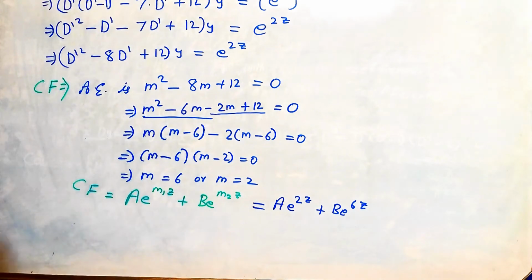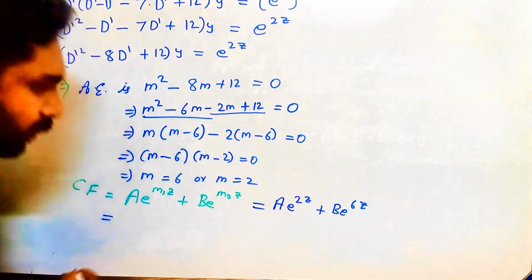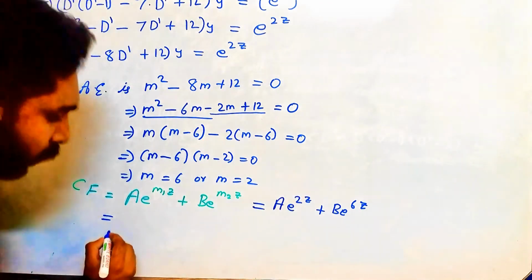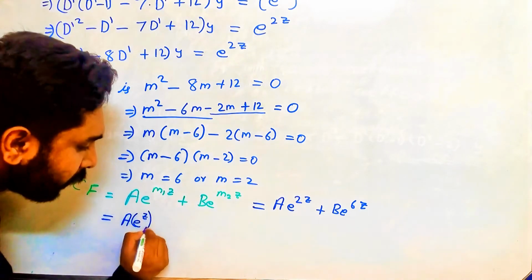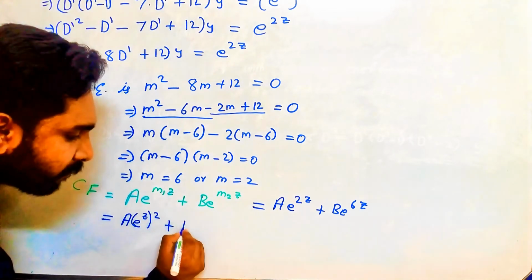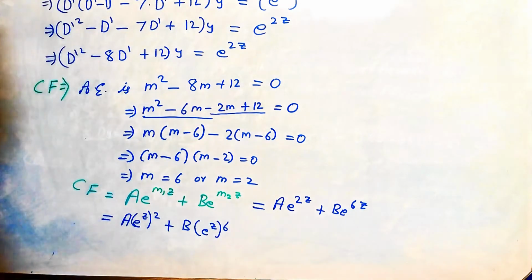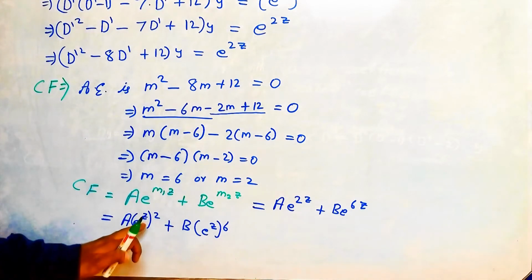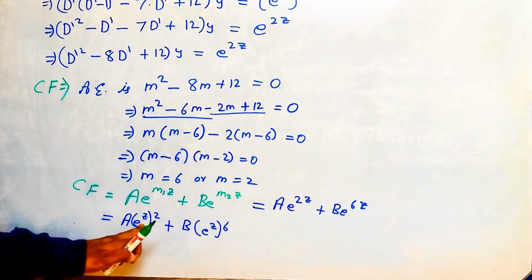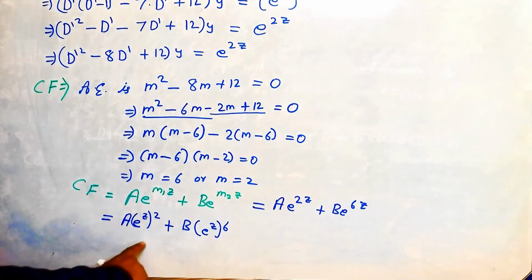So this is it. And now you can write this, by writing the powers in the format, as a e to the power of z whole power 2 plus b e to the power of z whole power 6. So I am writing this in this format to apply the formula, because we can replace e to the power of z by x, because we know x is equal to e to the power of z.